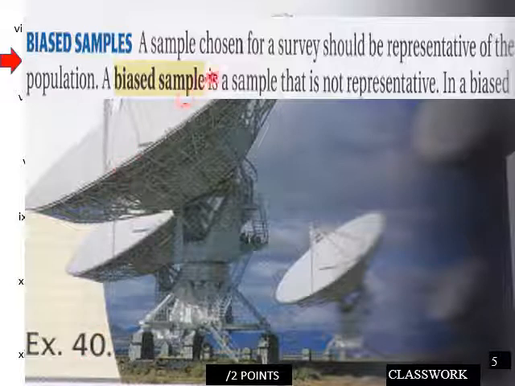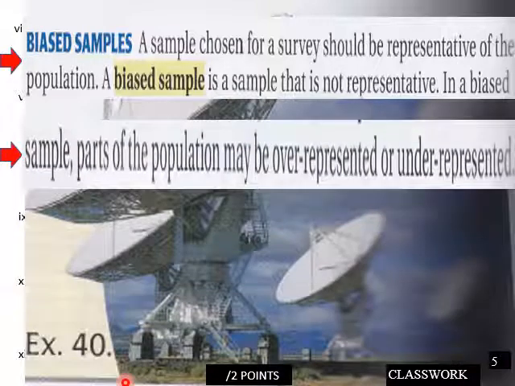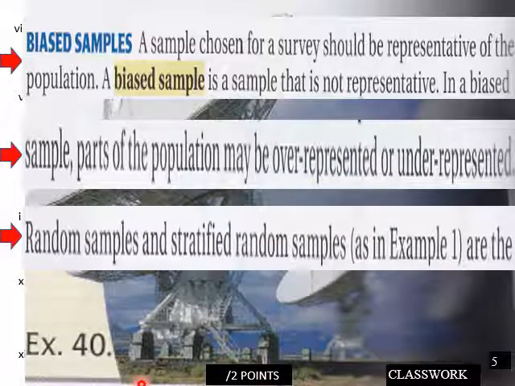Biased sample. A sample chosen for a survey should be representative of a population. A biased sample is a sample that is not representative. In a biased sample, parts of the population may be overrepresented or underrepresented.